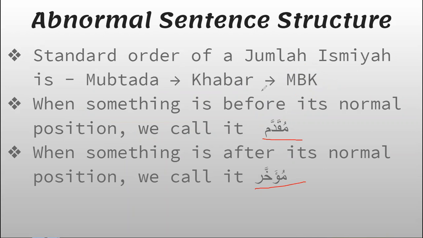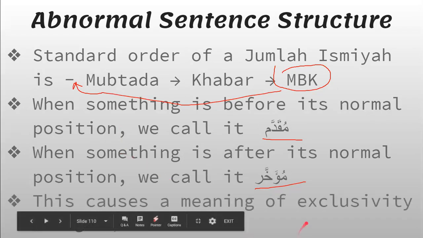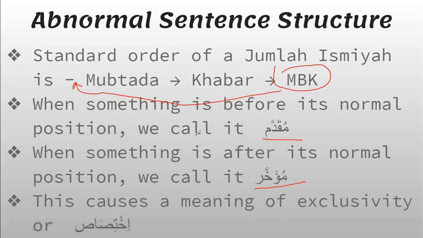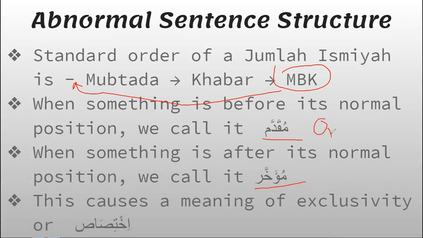So what does it do? Whenever muta'alliq bil khabar comes before the mubtada, it does exclusivity. It will do exclusivity in the meaning. Exclusivity means ikhtisas; basically we have to put "only" in the translation.